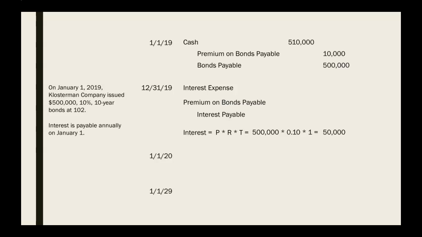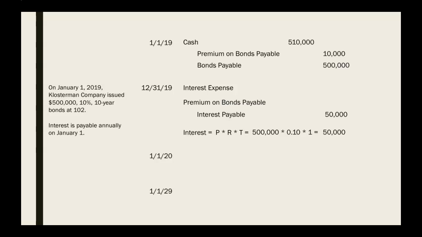So you're contractually obligated to pay them that amount. So your 50,000, the calculated amount for your interest, goes into your interest payable, because that's the amount that you're going to have to pay them later on.